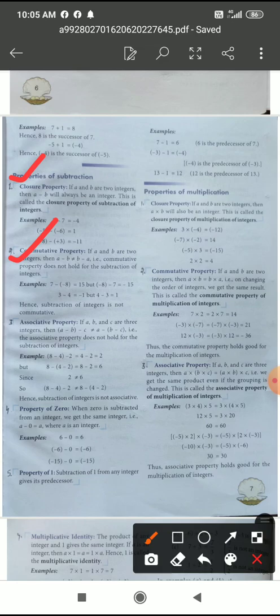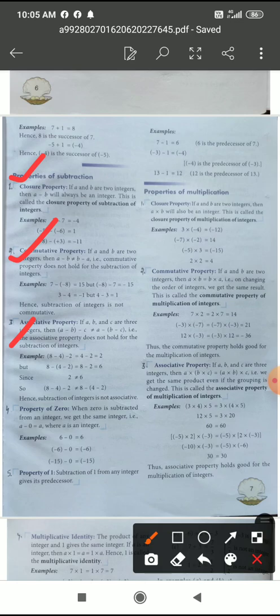Then associative property. If a, b and c are 3 integers, then (a minus b) minus c not equal to a minus (b minus c). Here b minus c is in brackets. For example, (8 minus 4) minus 2 equal to 4 minus 2 equal to 2.